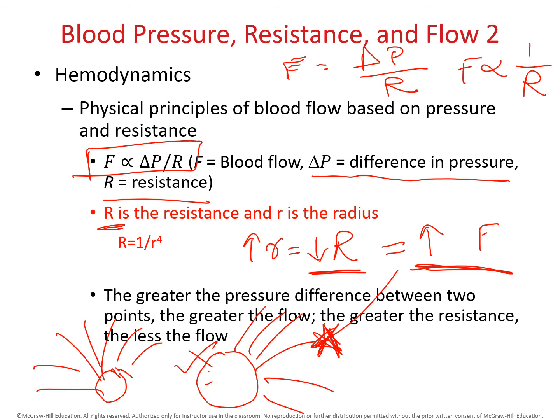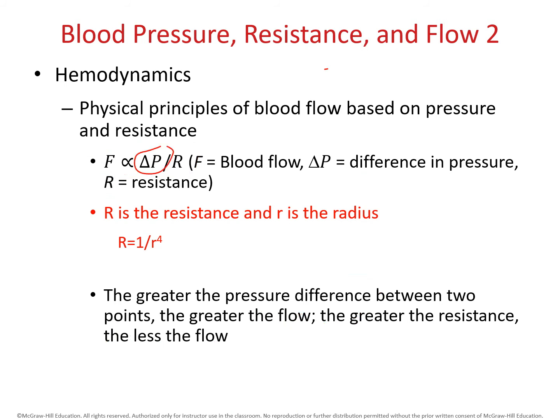Okay, and the other factor that affects hemodynamics is pressure. So delta P, delta is the difference. Delta P is the difference in pressure. Think of it this way.